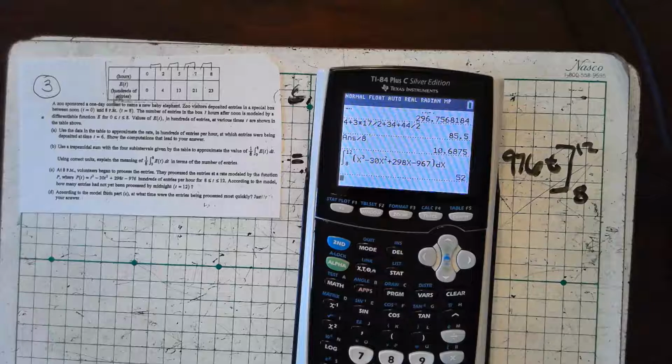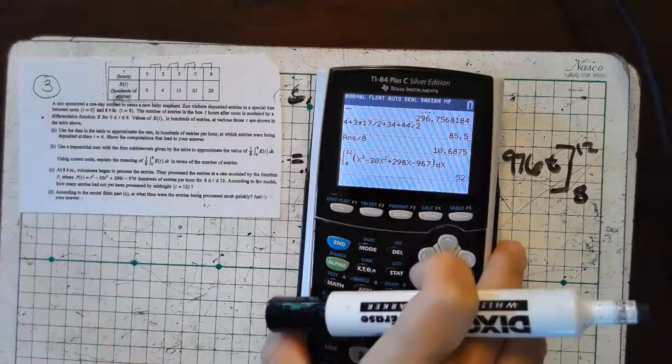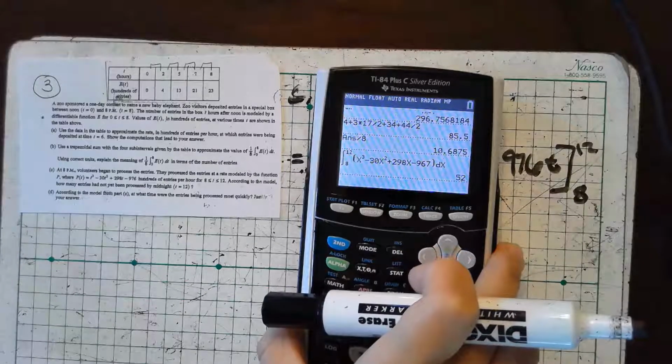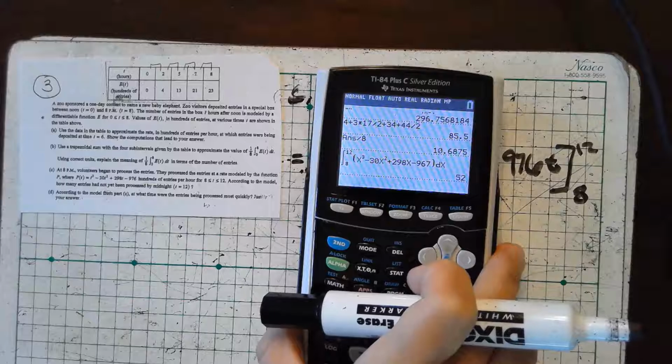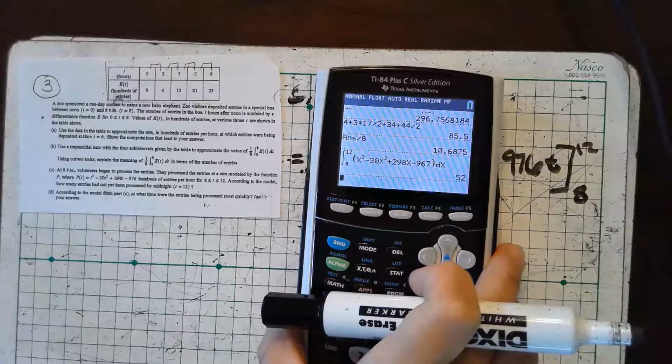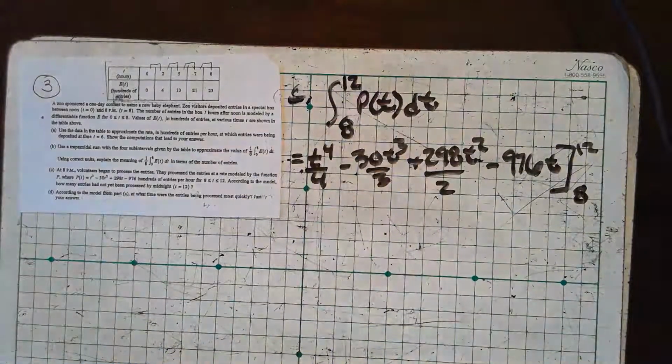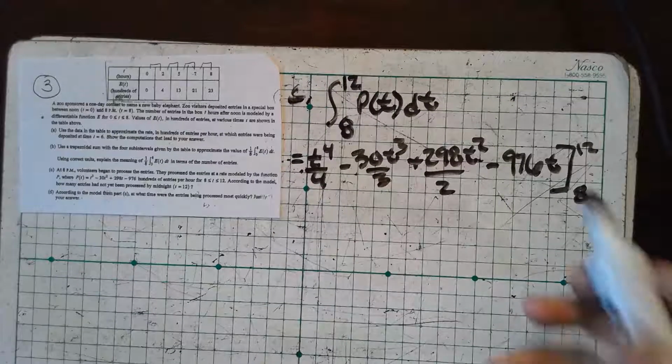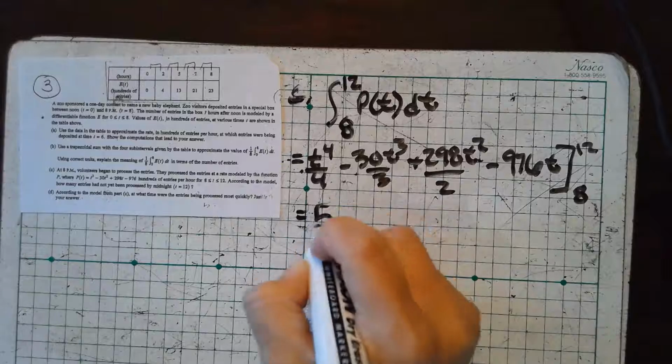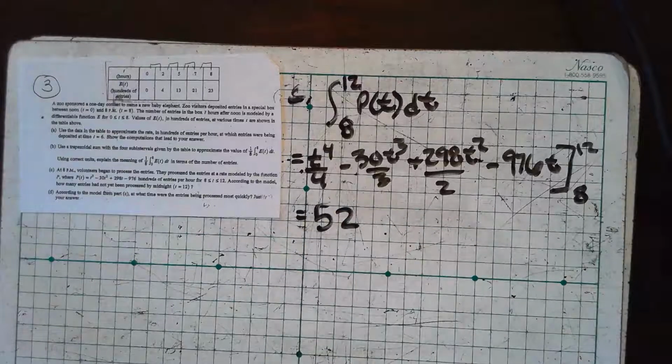And I got 52. All right, my answer actually has 707. All right, I don't know where we're, oh, I know what it is, I think. All right, so we get 52 here when we're doing it from 8 to 12.